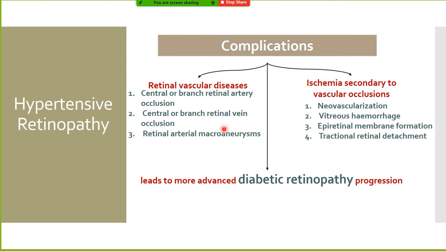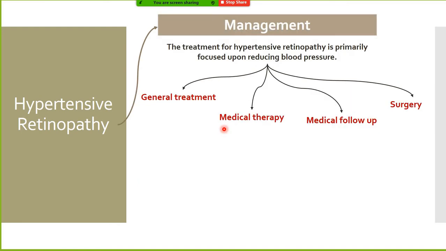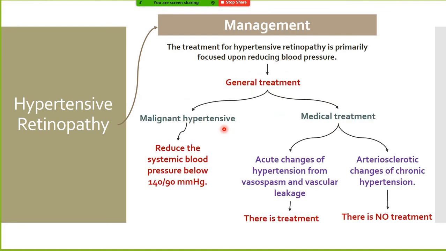When it comes to management, the treatment for hypertensive retinopathy is primarily focused upon reducing the blood pressure. There might be general treatment, medical therapy, follow-up, and surgery. Coming to general treatment, it can be for malignant hypertension and then medical treatment.